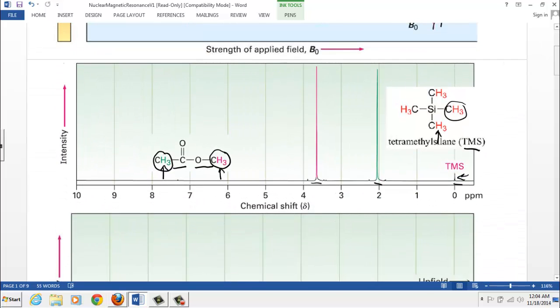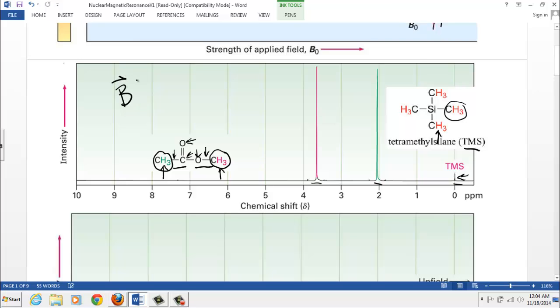The other phenomenon is that the electrons in the molecule, mainly these chemical bonds, and the electrons in the adjacent atoms, those electrons also have a magnetic field. And typically, the electrons' magnetic field is opposite the external field. And so what that does, it tends to shield the nuclei. It brings down the field strength, right?